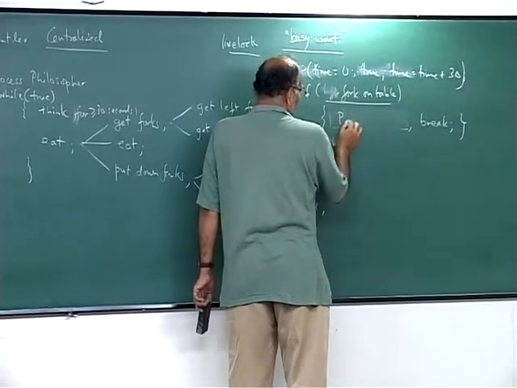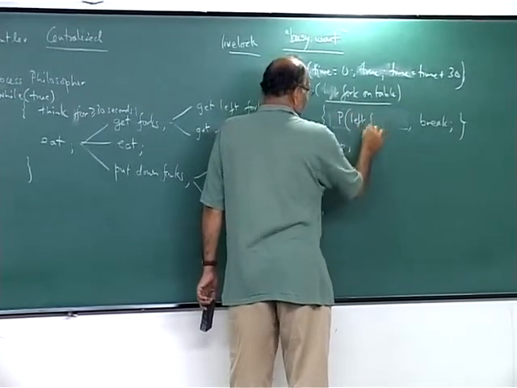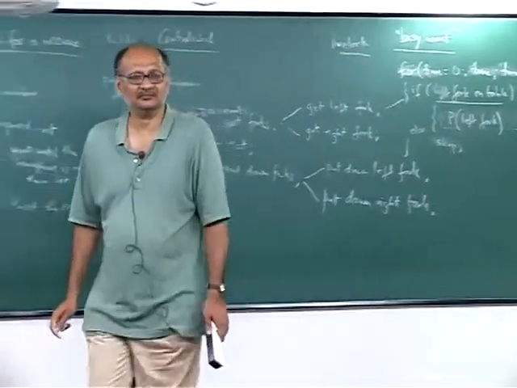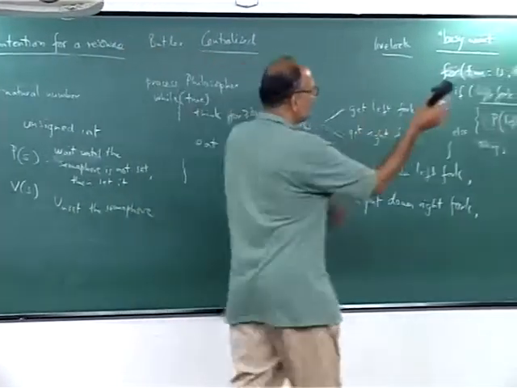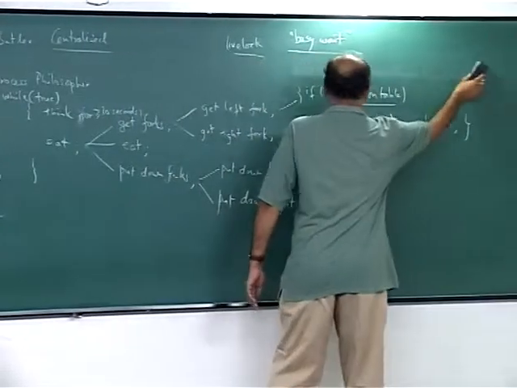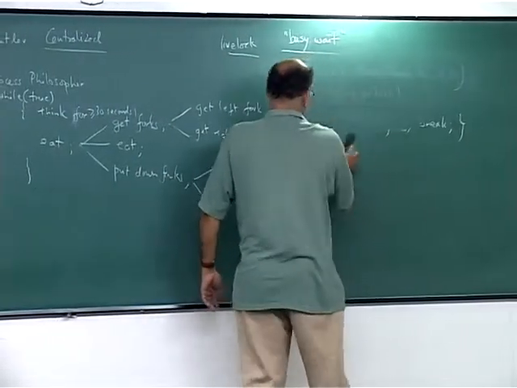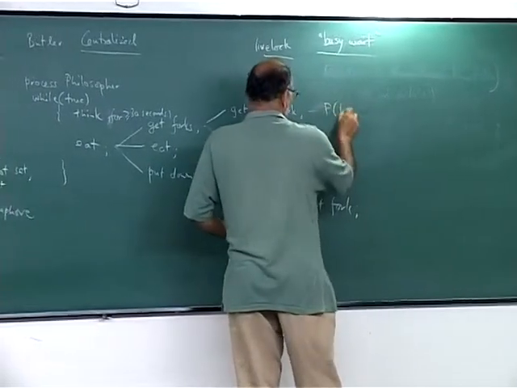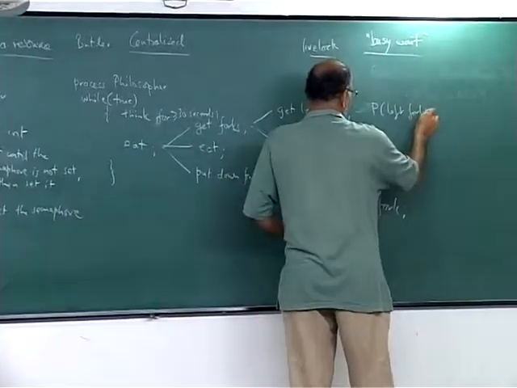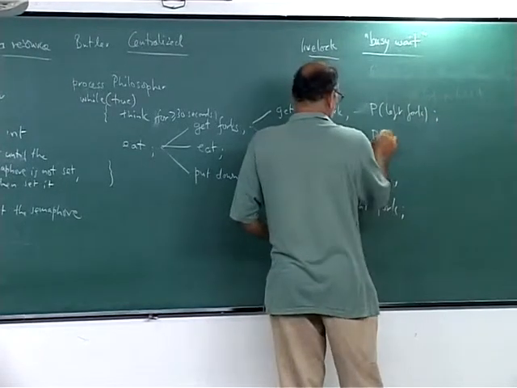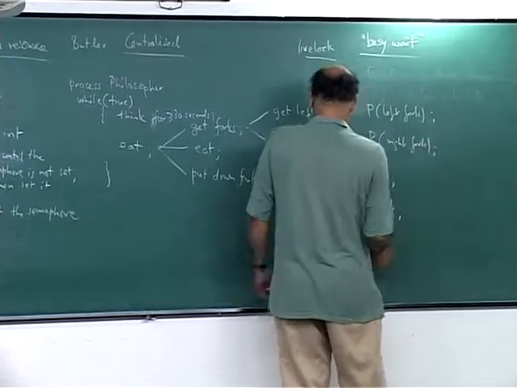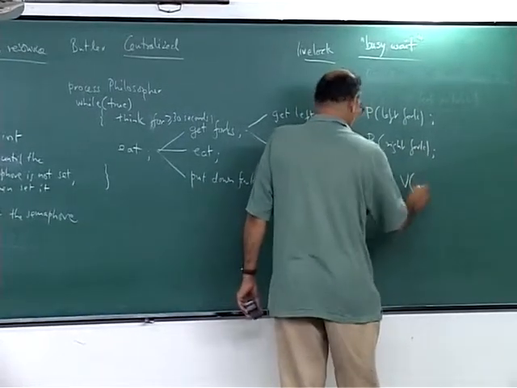Here you would do a P on the left fork. Now he eliminated this whole busy wait. So his solution is the following: get left fork is you do P on the left fork, get right fork is you do P on the right fork, put down is you do V on the left fork.